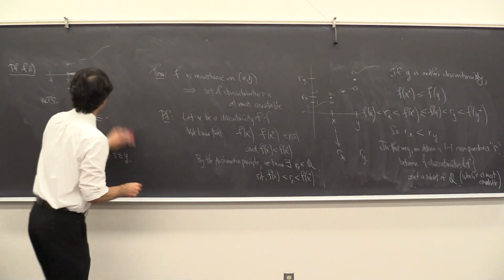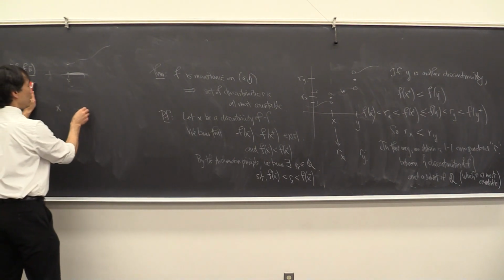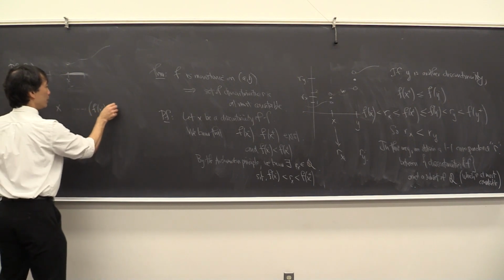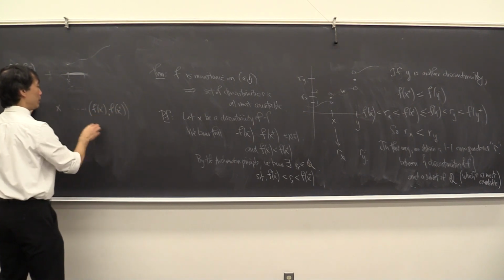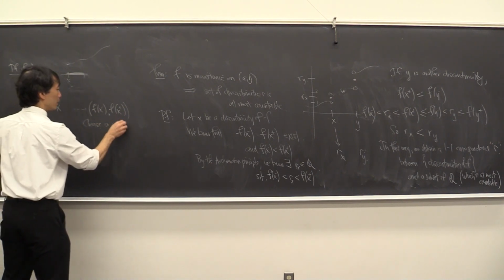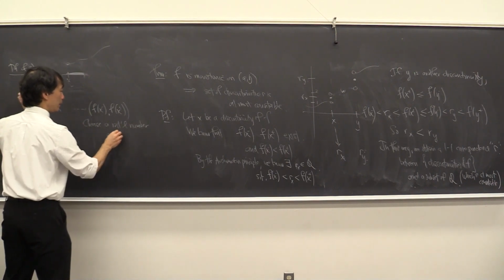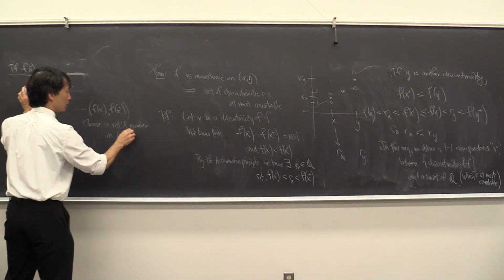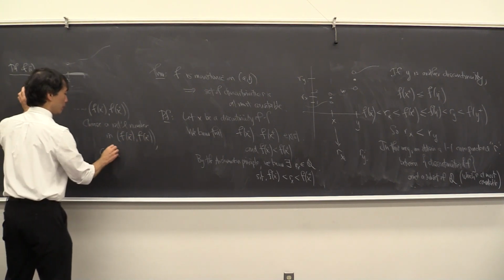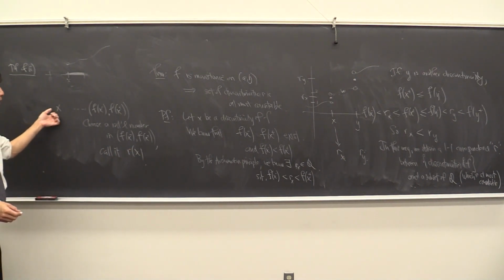So here's the process. You start off with x. You look at this interval, and then you choose a rational number in that interval. Call it R of x. Okay. So this is a function.